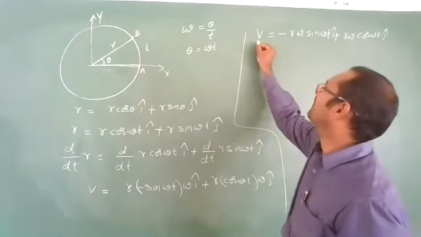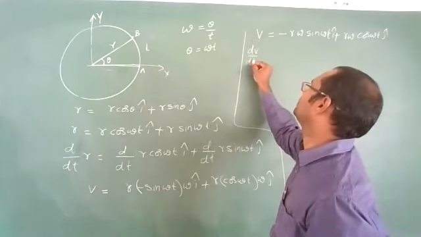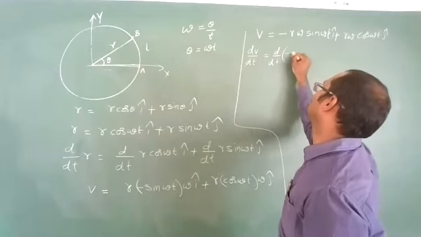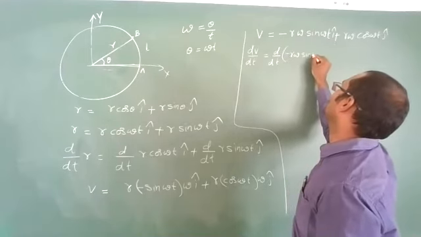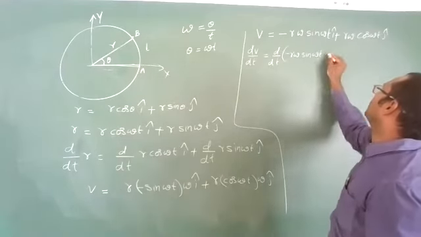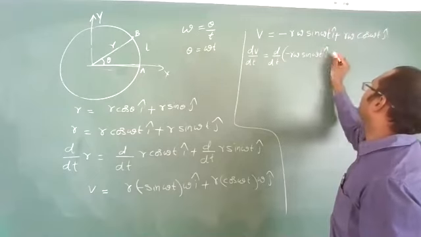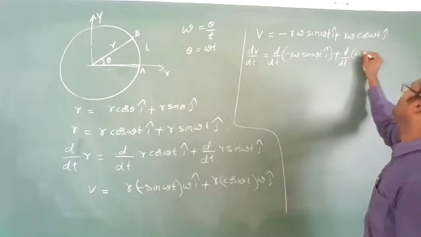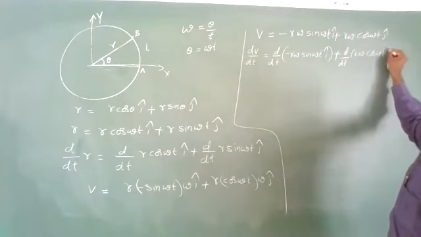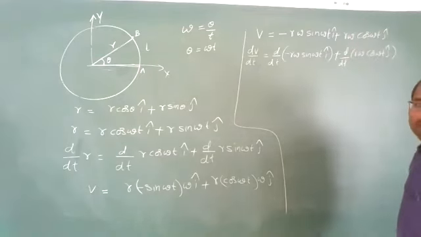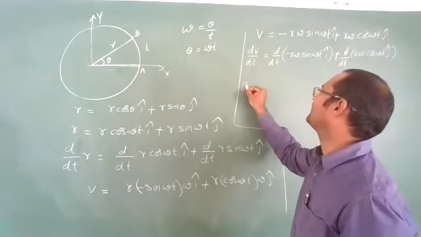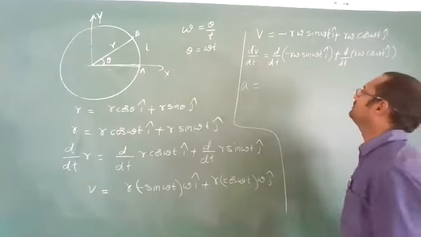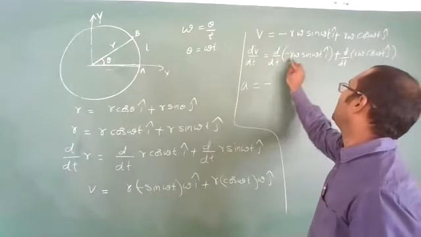Now differentiate this velocity. dv by dt you do for this. You get d by dt of minus r omega sin omega t i cap plus d by dt of r omega cos omega t j cap. What is dv by dt, sir? Nothing but acceleration. Rate of change of velocity is nothing but acceleration. Minus taken outside. r is constant.